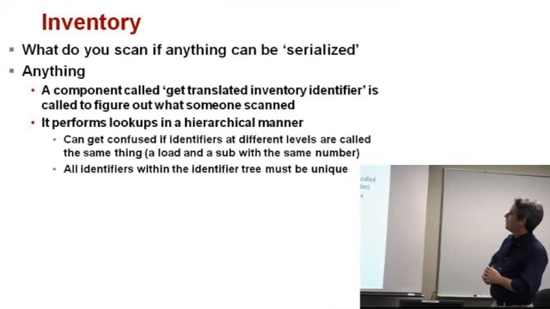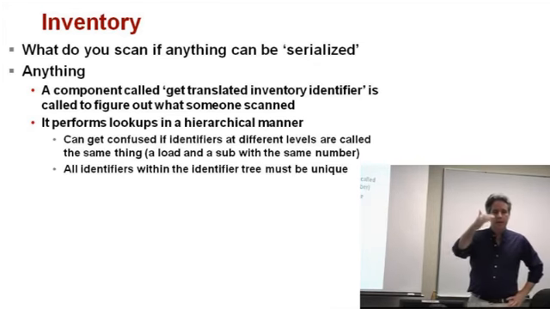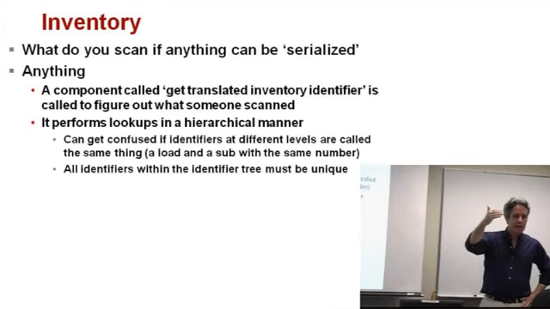What it does is look hierarchically, starting at the top level of the area and working its way down, looking to see if it can resolve the identifier. Very bad things will happen if we have an identifier that's duplicated at multiple levels.